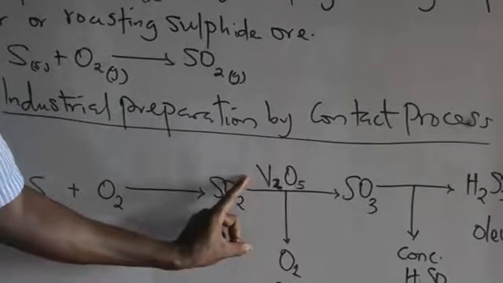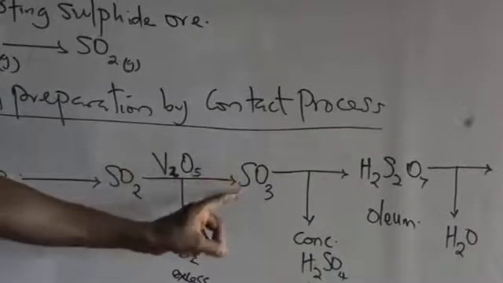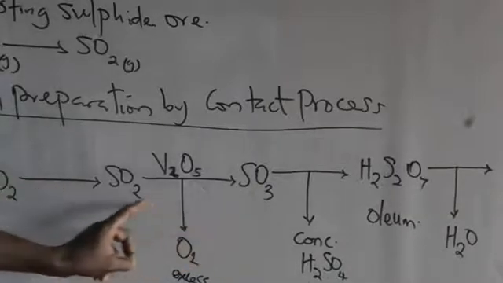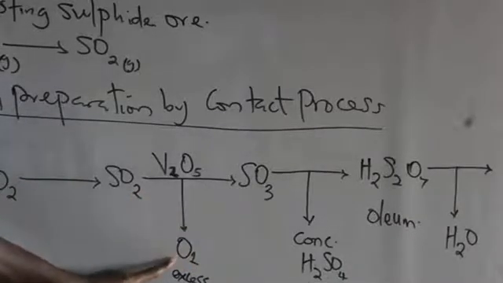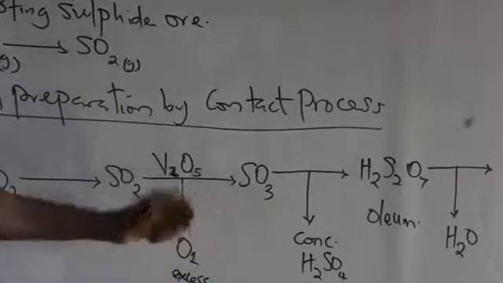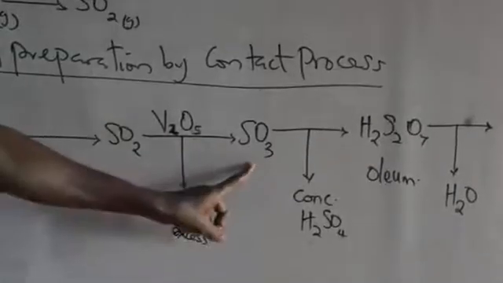But in this stage, something must be involved. For you to get a good yield of sulfur 6 oxide when you are passing the sulfur 4 oxide through excess oxygen, you must introduce a catalyst. If not, you will not get a reasonable amount of sulfur 6 oxide.